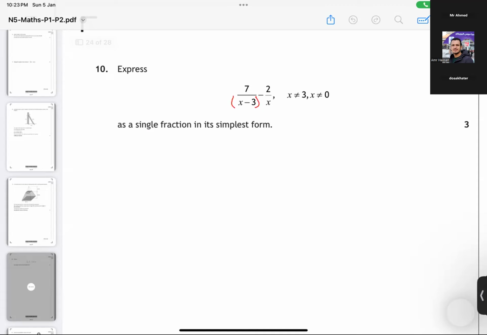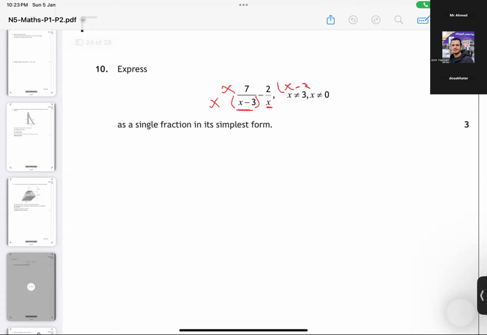The common multiplier? Okay, so yeah, you're right. I need to multiply the first fraction by x up and down. What about the other one? Multiply by 3. No, wait, hold on. x minus 3.